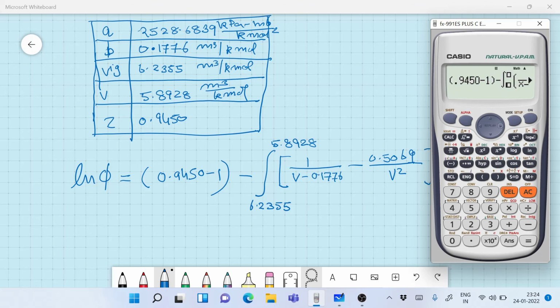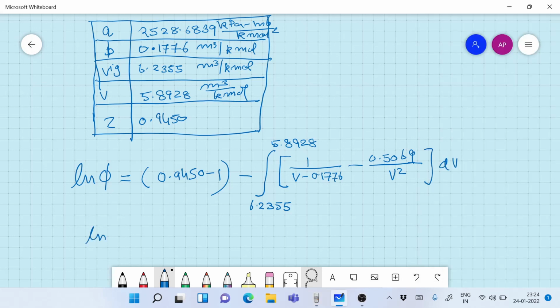Now we need to put the limits, 6.2355, 5.8928. That is it. So ln phi is equal to minus 1.4937 into 10 raised to minus 3.